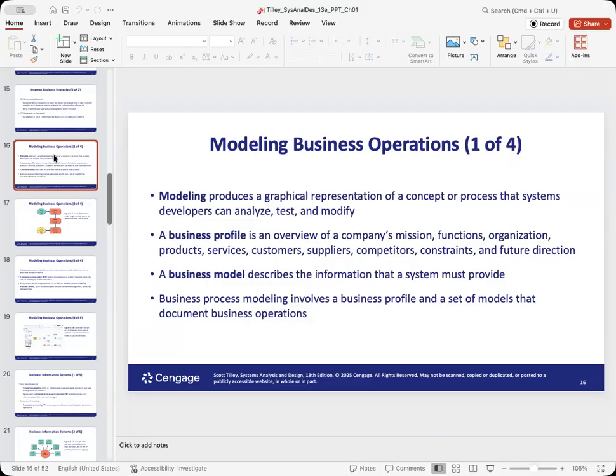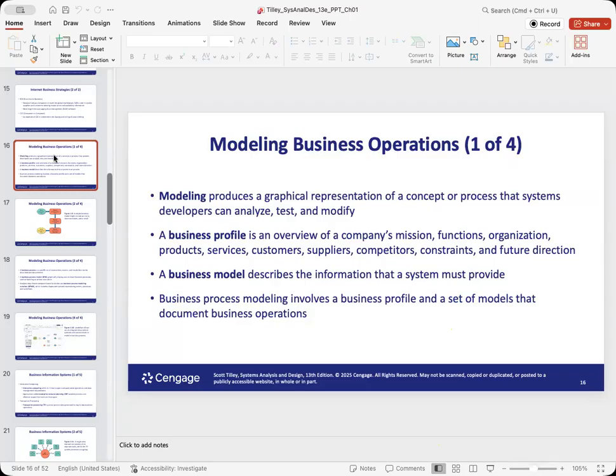That would describe how the company, or GCTU, operates as a school. You would want to understand their vision, mission statement. You would want to understand where they intend to go, their future direction. So that is the meaning of business profile, describing the company as a whole.